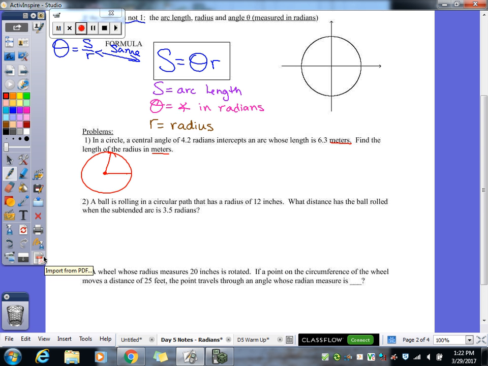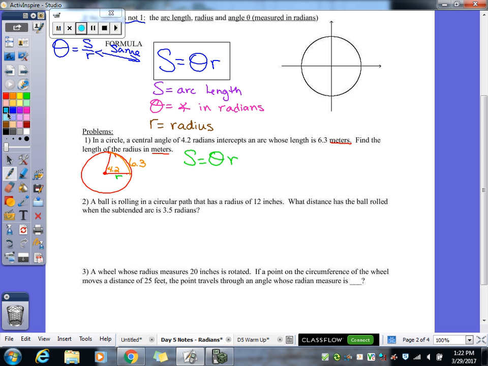So the central angle is 4.2 radians. It intercepts an arc. So my arc here is 6.3. They told us to find the length of our radius. So we're looking for our r in our formula here.